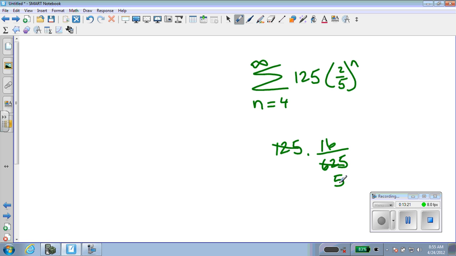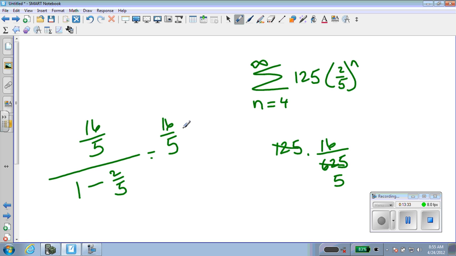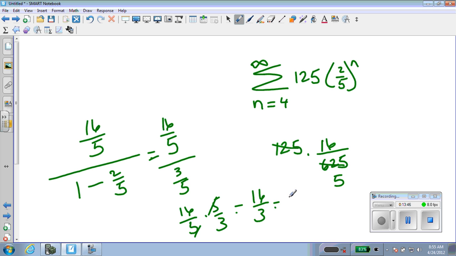Okay, so the first term is 16 fifths divided by 1 minus 2 fifths. So 16 fifths divided by 3 fifths. So that's 16 fifths times 5 thirds. So 16 thirds, which would be 5 and 1/3, or 5.3 repeating.